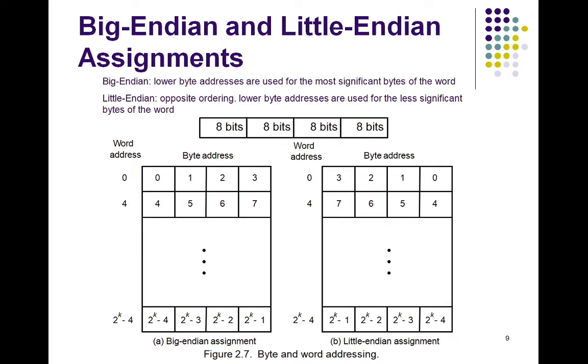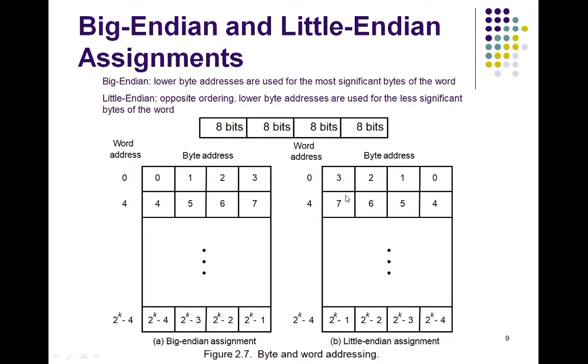Here the words represent a number. Both the little endian and big endian assignments are most commonly used in commercial machines. In both cases, the byte addresses are 0, 4, 8, and so on. They are taken as the addresses of the successive words in the memory.